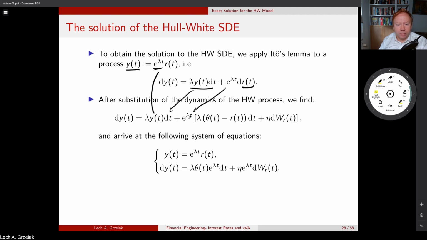So we have e to the power lambda t times lambda, and then minus r_t. This nicely cancels out. And this is the whole elegant idea here: if you choose the proper scaling and derive the dynamics for y_t, some of the elements will cancel out. And this is what we see here.